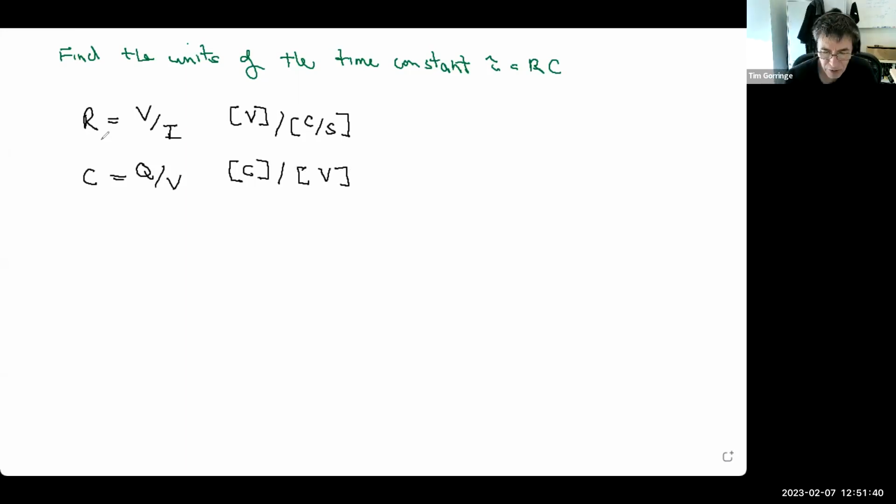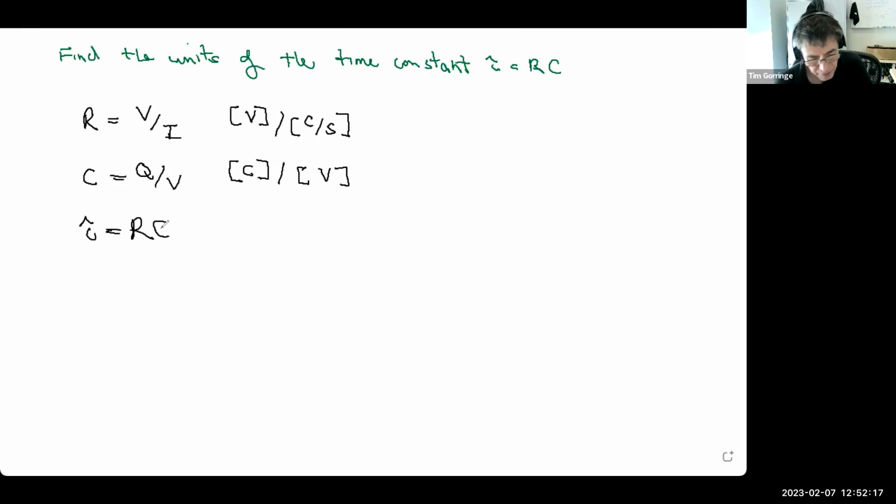I've used these master equations, Ohm's law and the capacitance equation, to remind me of the units of resistance and capacitance in terms of fundamental quantities. Notice that when I write units or dimensions, I put square brackets around them.